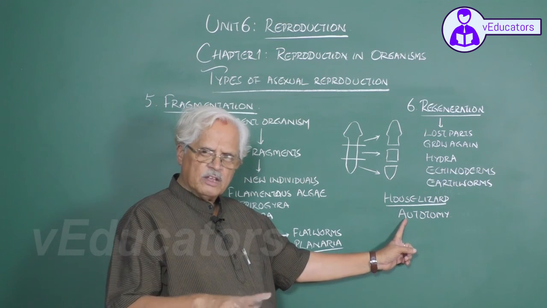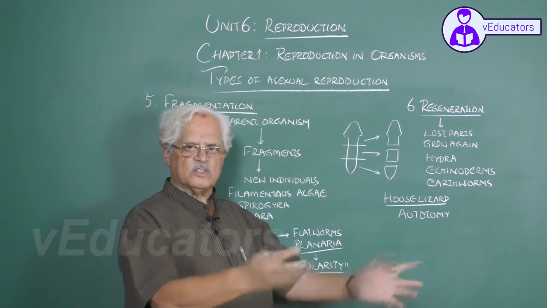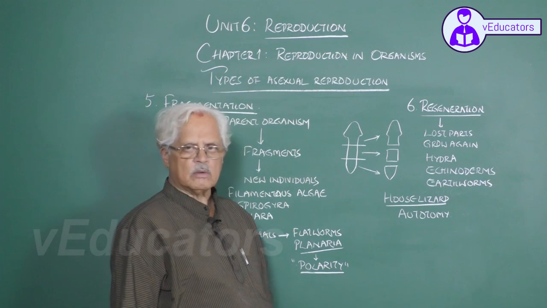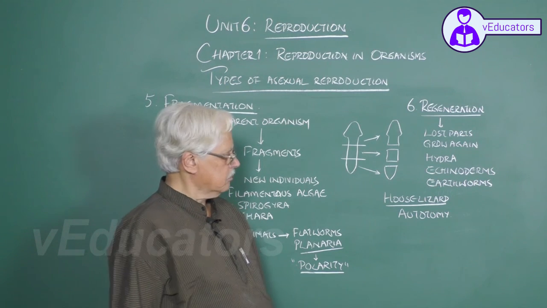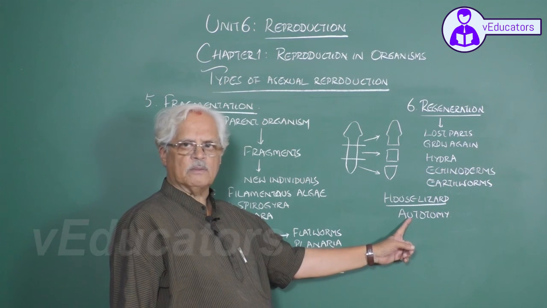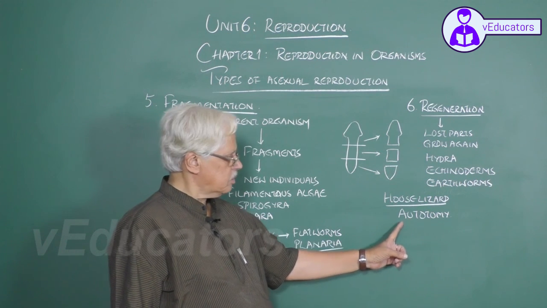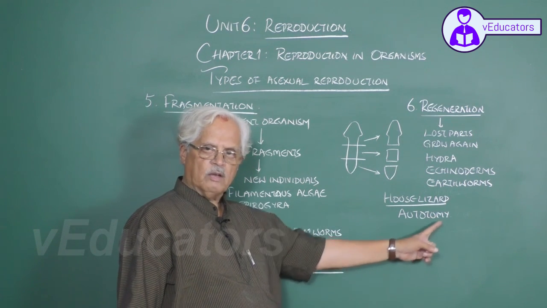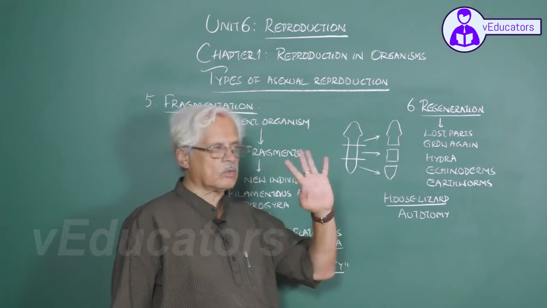The tail will be waggling for some time, which baffles the attacking animal, so the attacking animal runs away. But later, the lizard develops a new tail. This is called autotomy, self-regeneration.